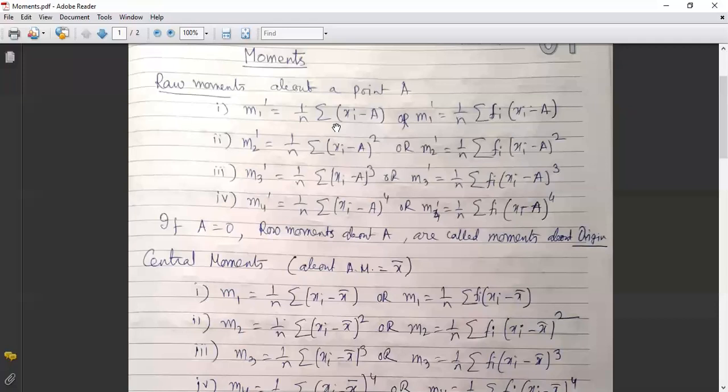But the problem is, it may happen that two different frequency distributions have the same arithmetic mean, and they have the same standard deviation, yet their shape is totally different.